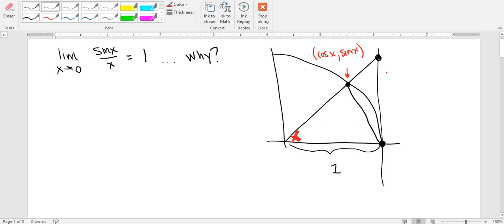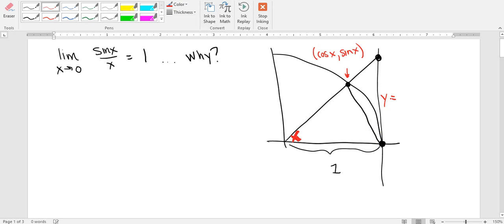Now the other thing that we can do is label, in terms of the big triangle, what this height would be. So let's maybe label this y, and we want to figure out what y would be equal to. Notice how in this triangle, since this is a tangent line, we know that this is a right triangle.